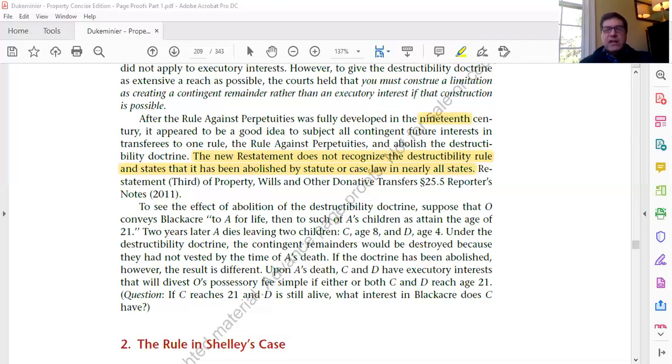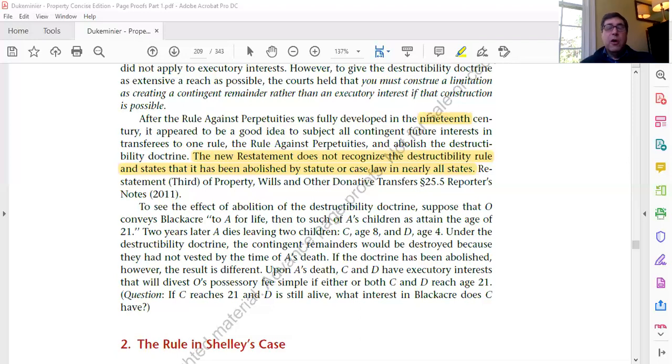Well, notice that if A dies and B is still alive, then the future interest in B's children who survive B has not yet vested, because we cannot identify which of B's children will satisfy the condition precedent of surviving B. B's still alive, we don't know which ones will outlive B. And so if we apply the doctrine of destructibility upon A's death, since B's children are not ready to take the estate, since it's not vested, the contingent remainder in B's children who survive B is destroyed, and the land reverts to T, or T's estate here.